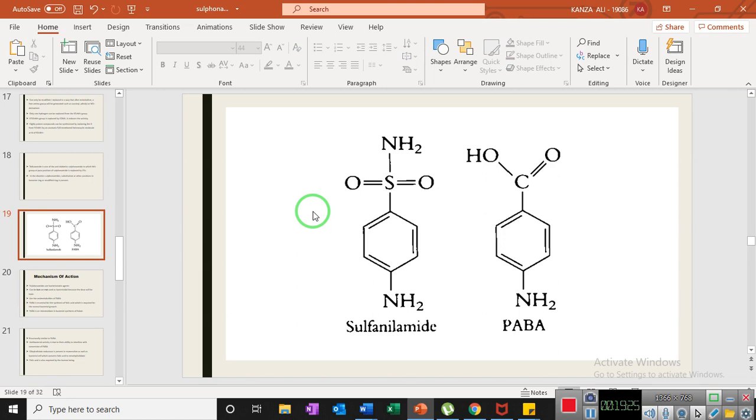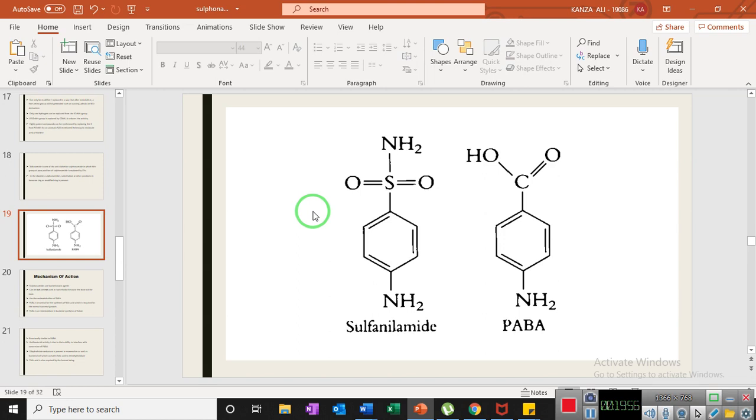We can say that the action is bacteriostatic. They are going to inhibit the growth of the cell, because the bacteria require folic acid or folate cofactor. As I have told you, folate cofactor serves as a one carbon donor in the synthesis of nucleic acid.